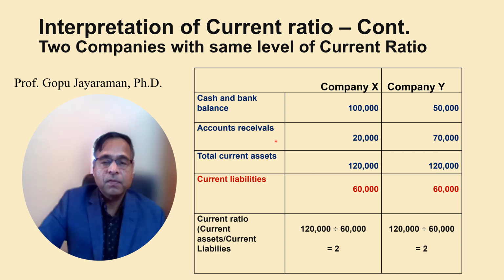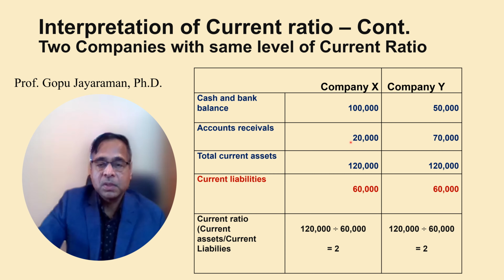The second element of current assets of these two companies is accounts receivable, meaning the money to be collected from its customers. When companies sell goods on credit basis, accounts receivable result. So the money to be collected from the customer is 70,000 for Y, whereas X is just 20,000.